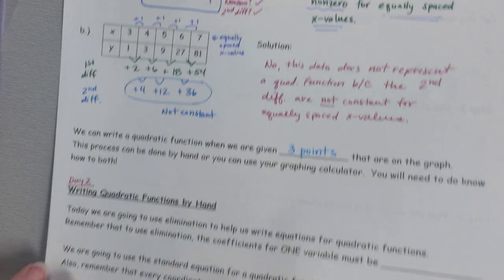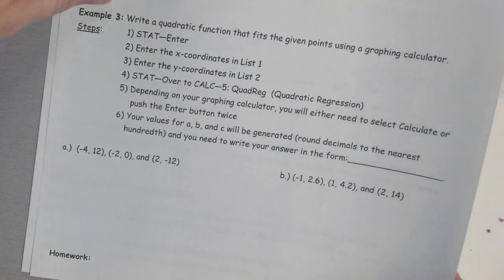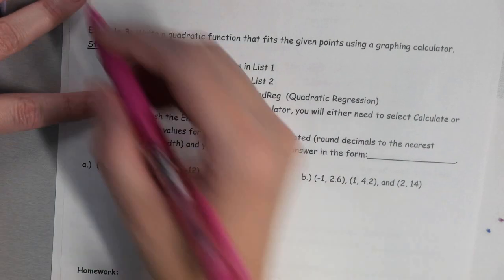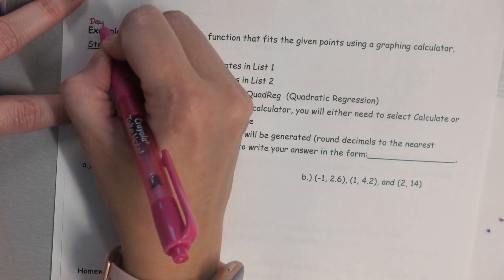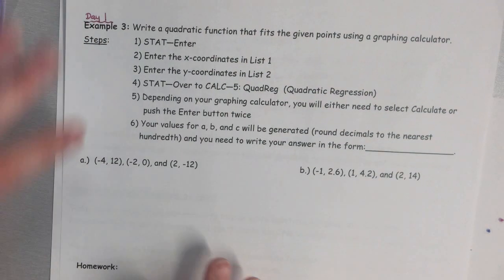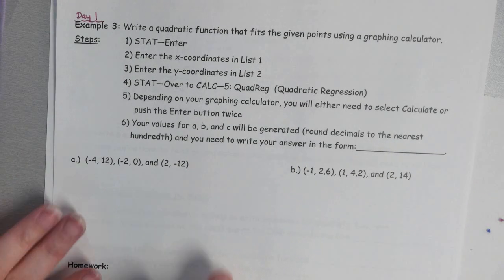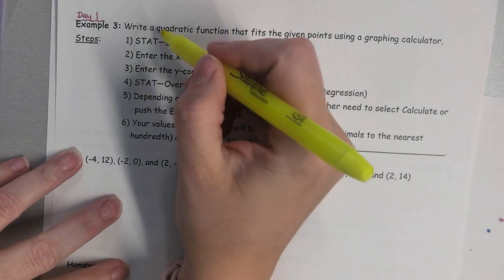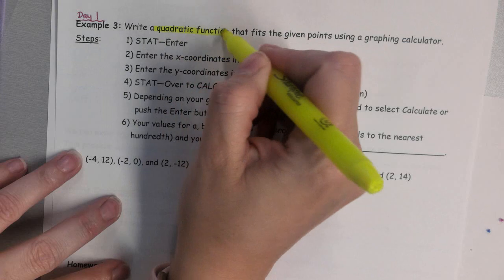So we are going to skip over the second page, and we are going to go to example 3 on the 3rd page. And I'm just going to put, this is day 1 here. Okay, so for example 3, it says write a quadratic function that fits the given points using a graphing calculator.